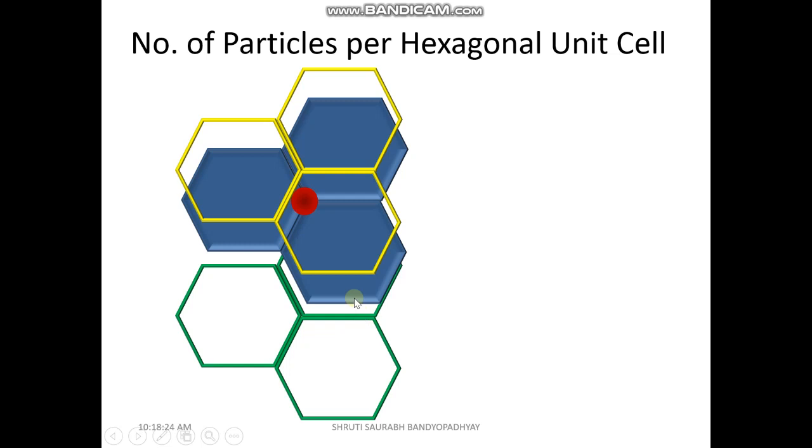So the total contribution becomes 12 multiplied by 1/6. The vertex share is 1/6, vertex points are 12 in number, so the effective contribution will be 12 multiplied by 1/6. Keep that in mind.